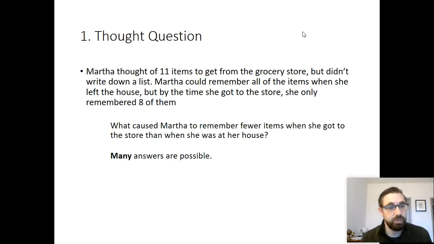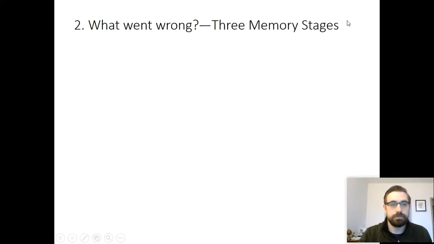There are probably many reasons why Martha forgot those 3 items. None of those reasons are probably that she has some memory disorder, right? It's normal to forget things. So what about normal memory processes and normal forgetting could account for this?